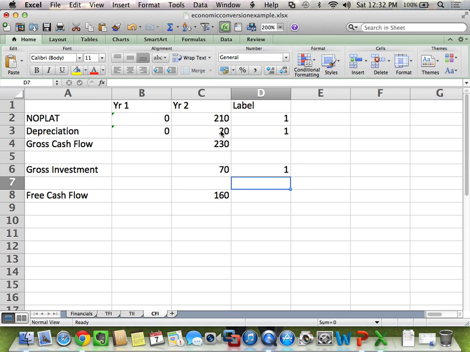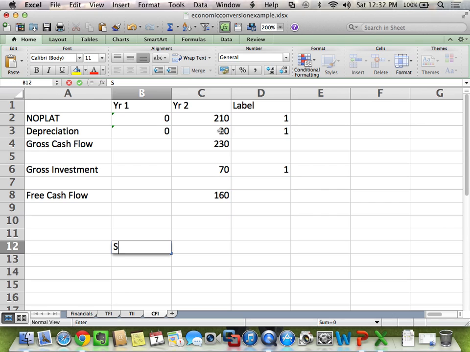Can you do gross investment? Well, the shortcut for gross investment equals change in invested capital plus depreciation.